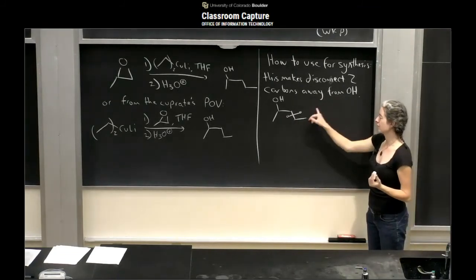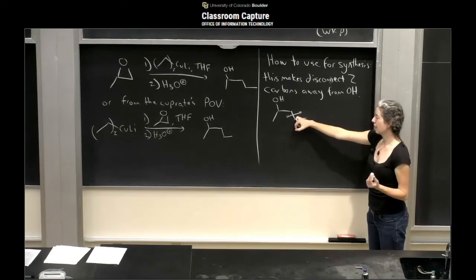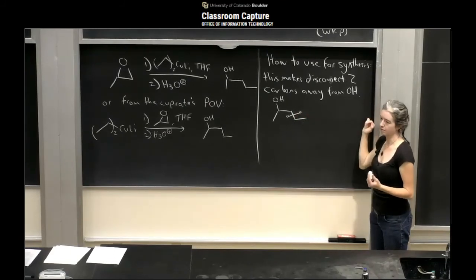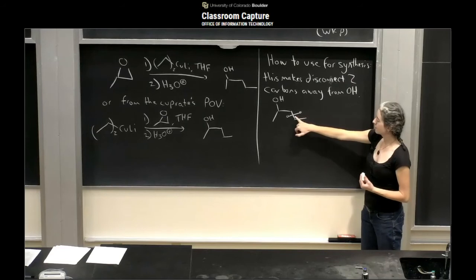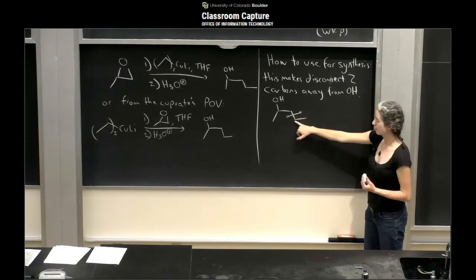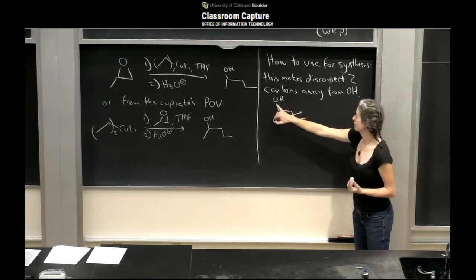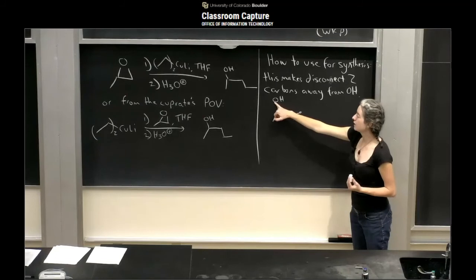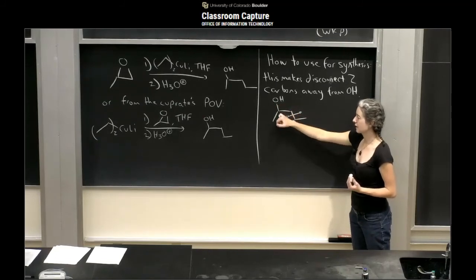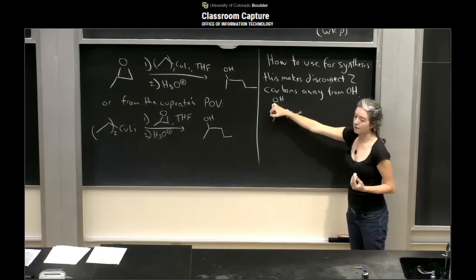Or in other words, if we're working backwards, this is the bond that we're going to have to snip apart in order to step backwards through time, kind of. So this is our disconnect. This is the ethyl group that came in from the cuprate. And if we go 2 carbons further away, we've got an OH group. And it's important to point out the OH group is going to be 2 carbons away from the disconnect on the side that came from the epoxide.